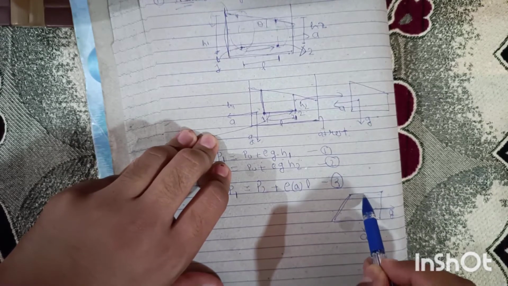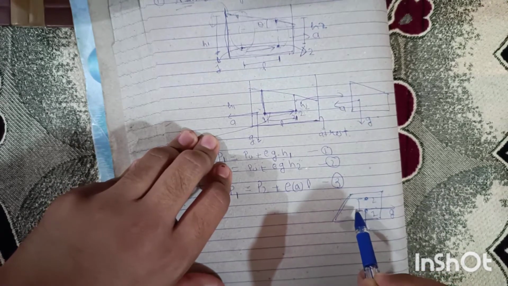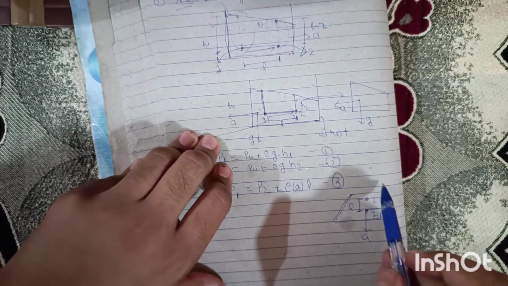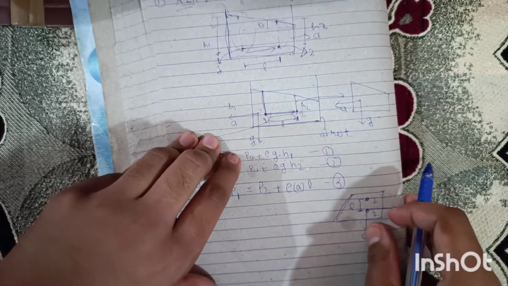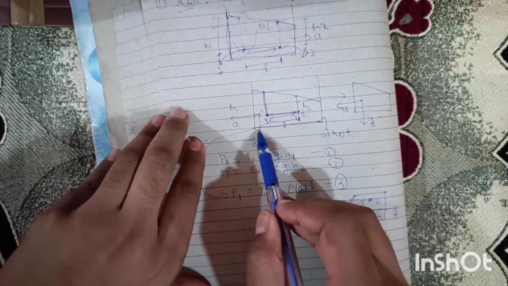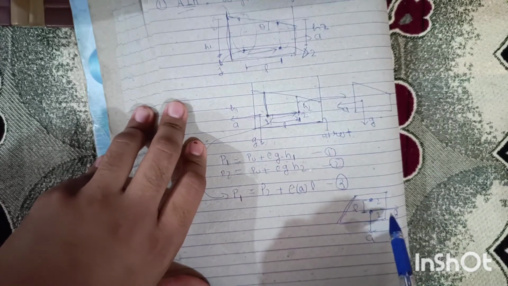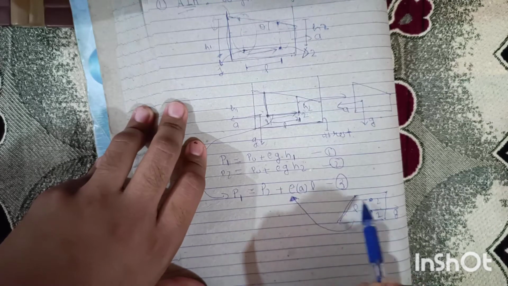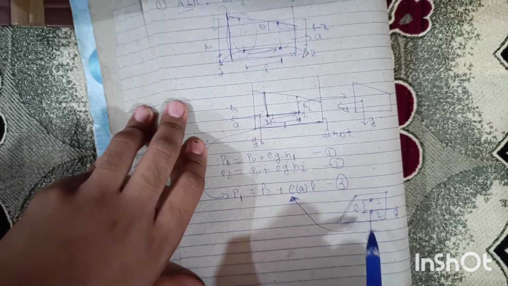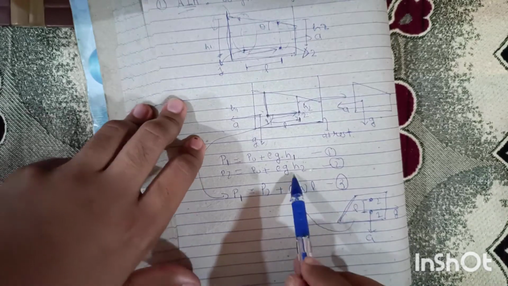And now in this situation, here were our points P1 and P2 and this distance was L. So this situation is similar to the vertical variation of pressure, where we take acceleration due to gravity. Like this only we have applied this equation, that P1 is equal to P2 plus rho A.